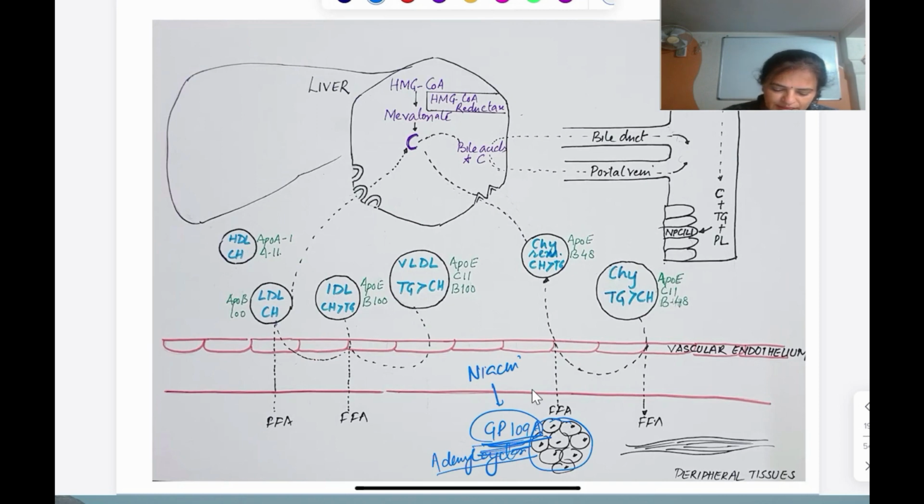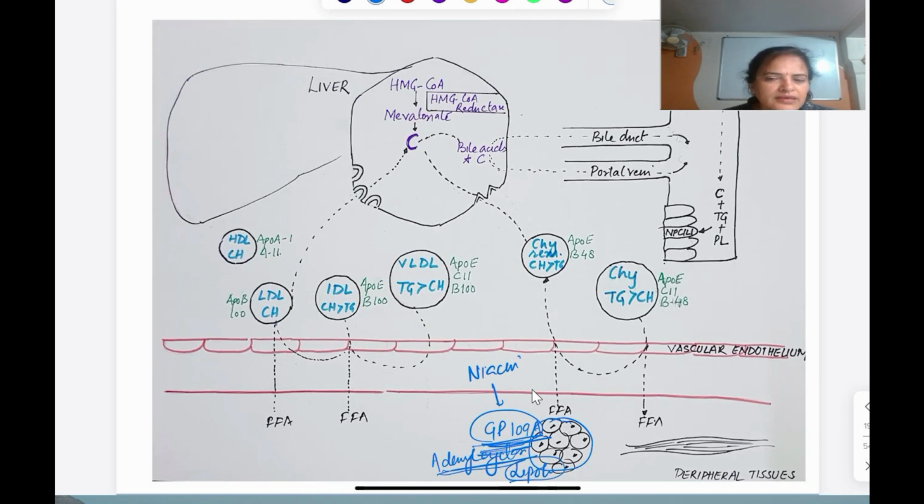Then by inhibiting this, it is going to inhibit the lipolysis. Okay, so niacin binds with the receptor which is present on the adipose tissue, that is GPR109A, and by acting on this it is going to inhibit adenyl cyclase. It is going to inhibit the lipolysis.